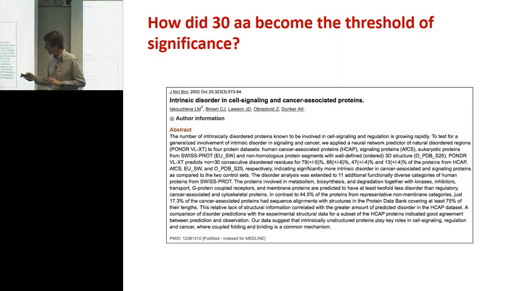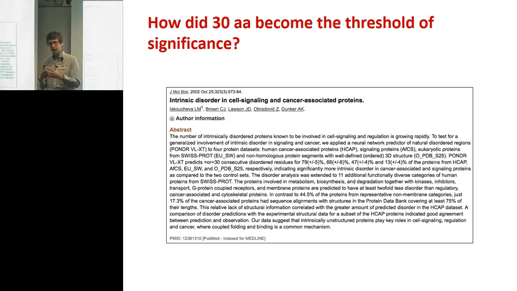Effectively, they took 4 groups of proteins: human cancer-associated proteins, signaling proteins, eukaryote proteins from Swiss-Prot, and then non-homologous protein segments that are well-defined with three-dimensional structures. And they calculated with their algorithms, since the Dunker group has developed multiple algorithms for estimating protein disorder, how the intrinsic disorder of those groups appears.